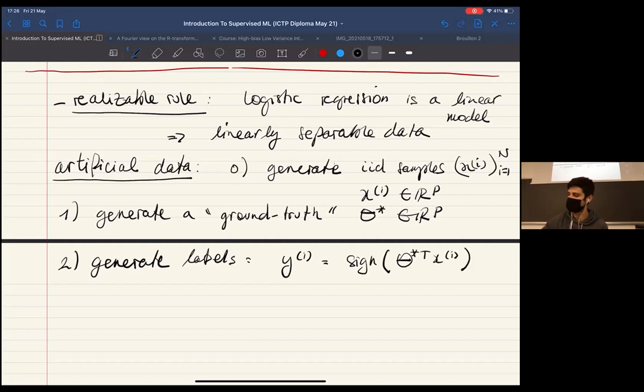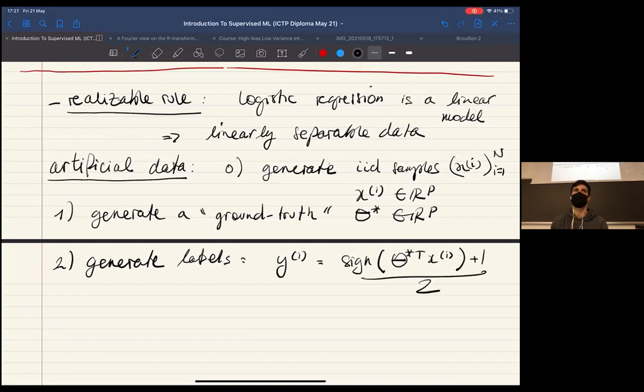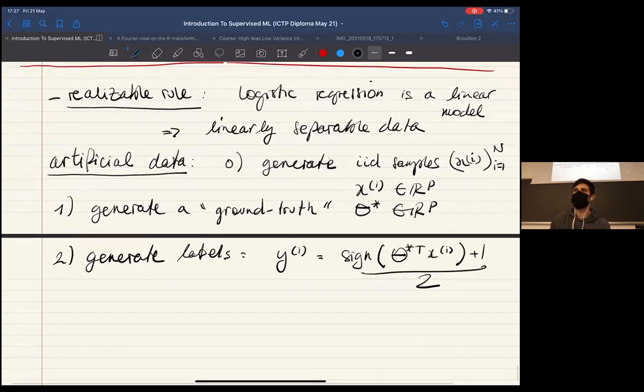Or if you want to make them 0, 1, for example, you can add 1/2. So in this case, you are sure that there exists a hyperplane that divides your data perfectly, and this hyperplane is this theta star. Is it clear?